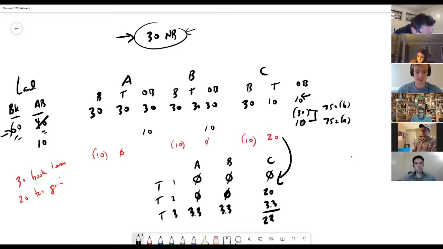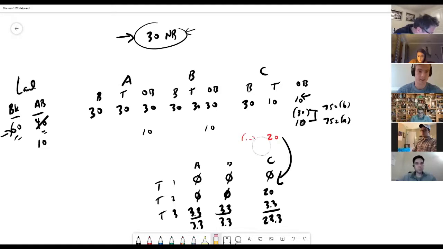So C's share is 23.3, B's share is 3.3, A's share is 3.3. And so to complete the picture, C's outside basis goes by 23.3, B's by 3.3, and A's by 3.3.